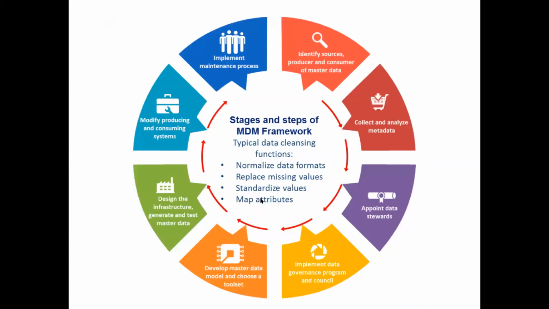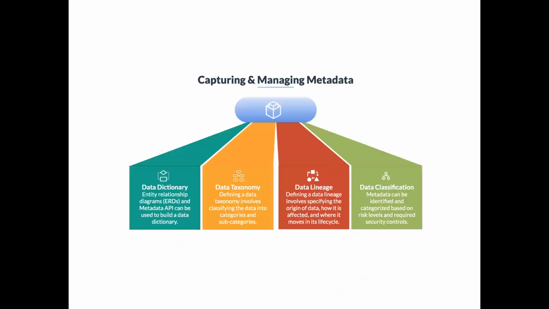We need a way of identifying the producers and consumers, the way I talked about before, and to collect and analyze the metadata, what it looks like. Some data stewards should be there. Somebody should be responsible to say, okay, this is the way we're going to govern the system, design the system. And we have to remove the duplication also. When we do that, we are creating a data dictionary, taxonomy, lineage, and classification.